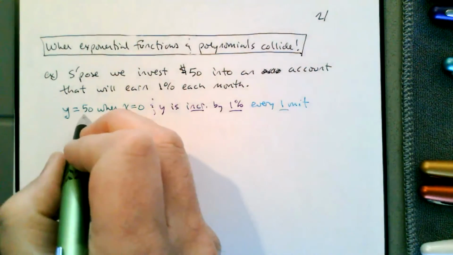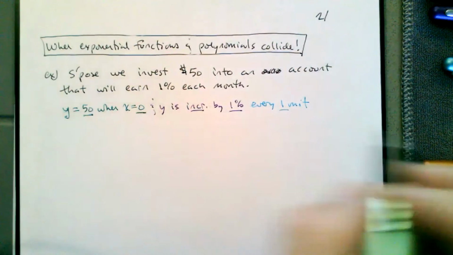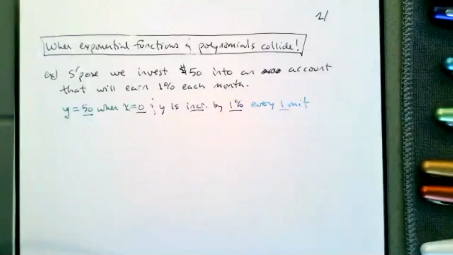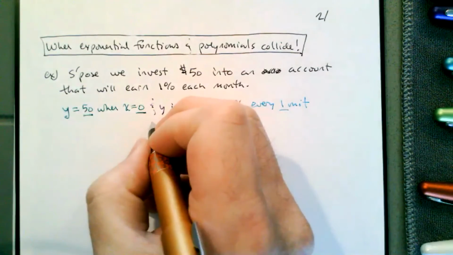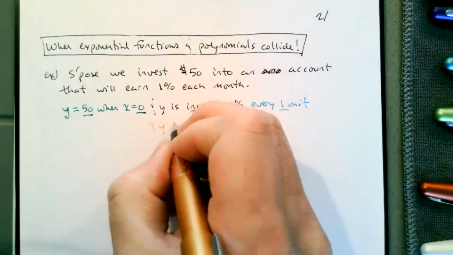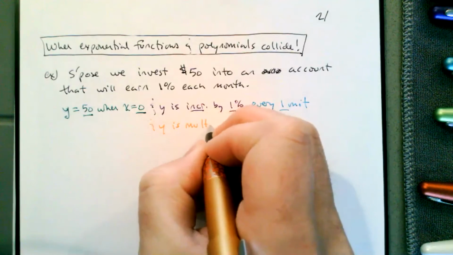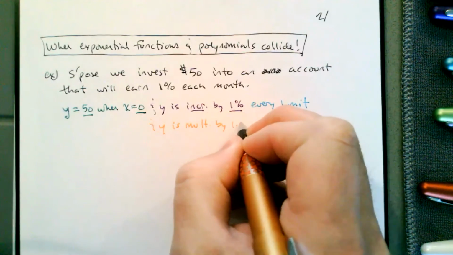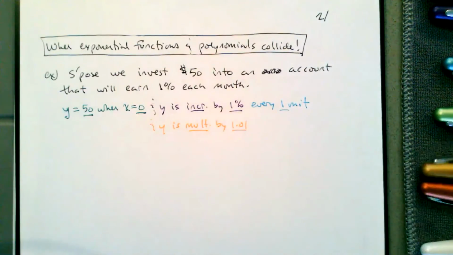So even though this is phrased in some context, I can translate it into a description of an exponential function. When we say y is increasing by 1% every 1 unit, we could translate this into multiplication by saying y is multiplied by 1.01 every 1 unit. We can turn this into a function.